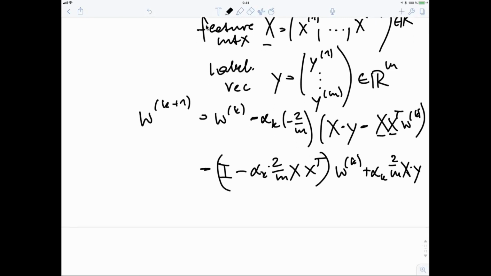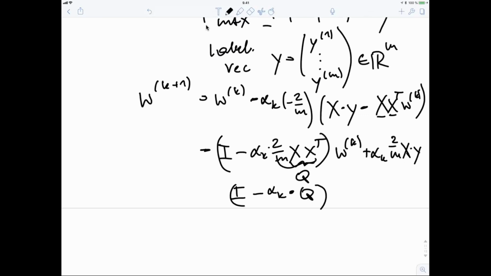And this here is a single matrix. Let's be more precise and collect this into a matrix Q, so the matrix is the identity minus alpha_k times Q. It turns out that these iterations converge if and only if the spectral radius of this matrix, which is the magnitude of the largest eigenvalue, is smaller than 1.